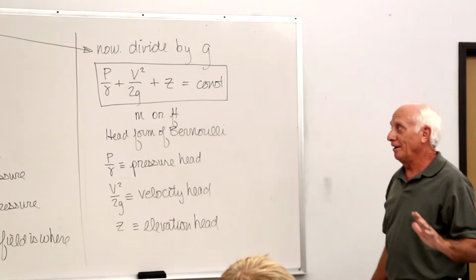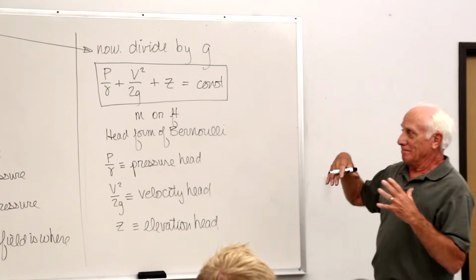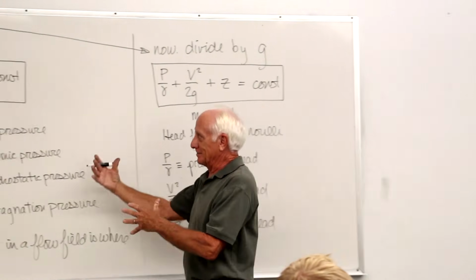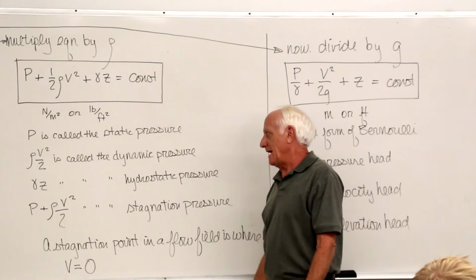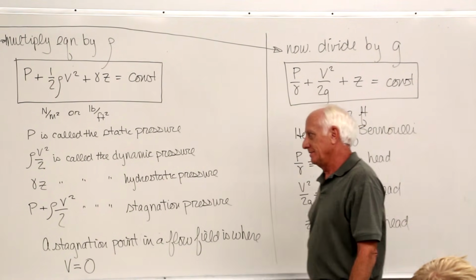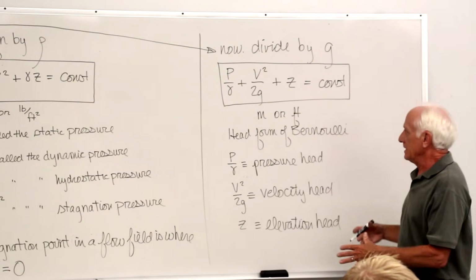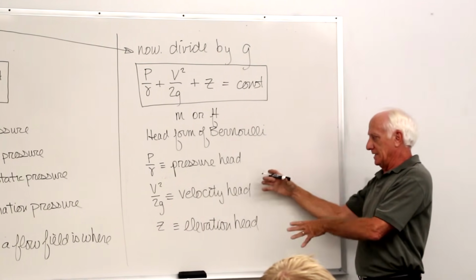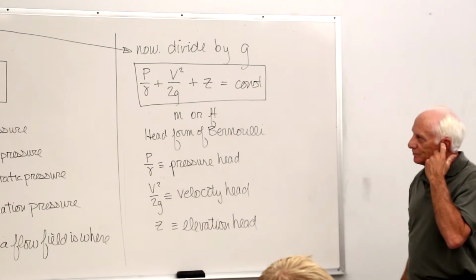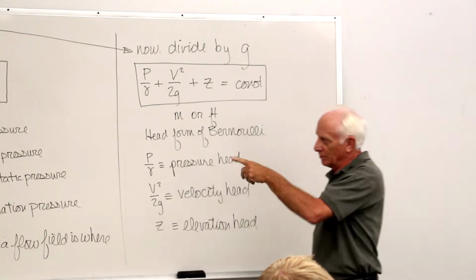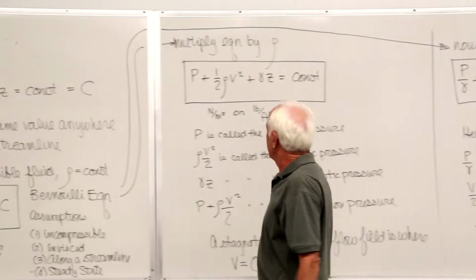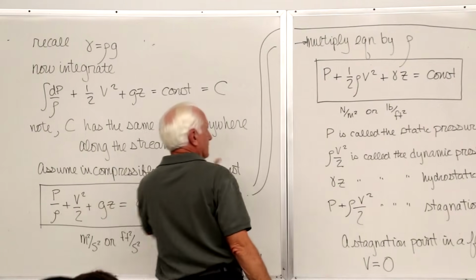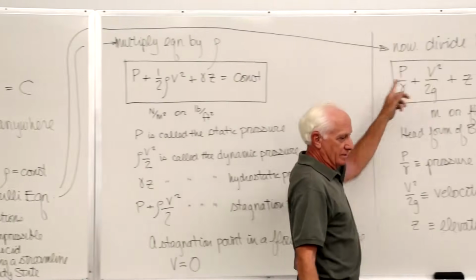But they are different. If you want to talk about the equivalent pressures, this guy talks about the equivalent pressure: static, dynamic, hydrostatic, stagnation. If you want to talk about the head form of the equation: the pressure head, the velocity head, the elevation head. And this was the one we derived. This has rho in it, this has rho in it, this has gamma in it.